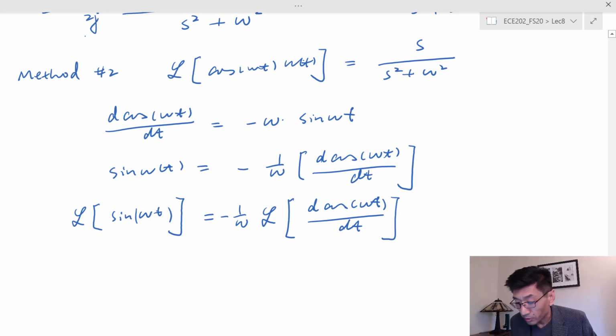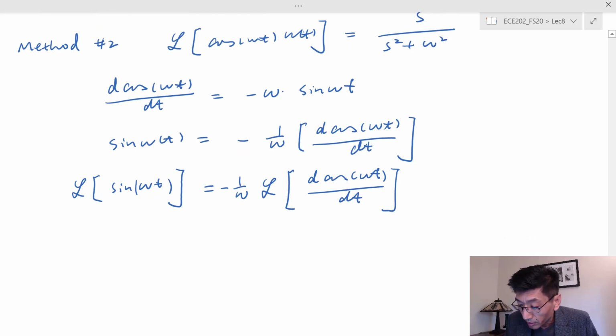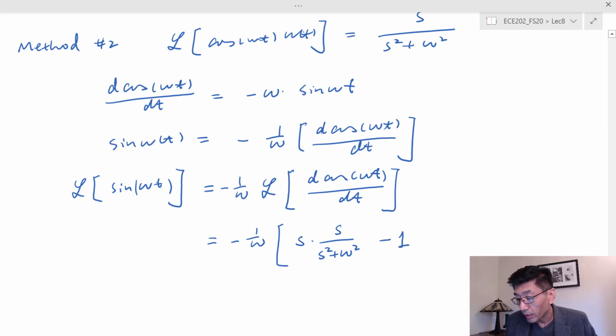And we know the Laplace transform of this one based on the differentiation property, that should be equal to negative 1 over omega times s times the Laplace transform of cosine omega t, which is s over s squared plus omega squared, right, minus cosine omega times 0, that's equal to 1, the initial condition of that function, right? So therefore that's equal to 1, not 0.